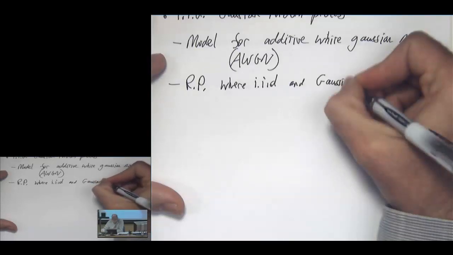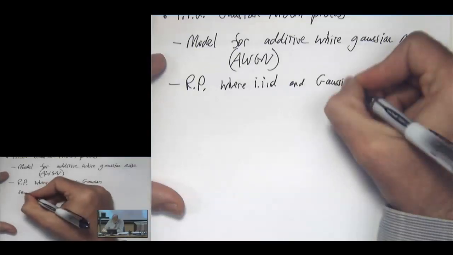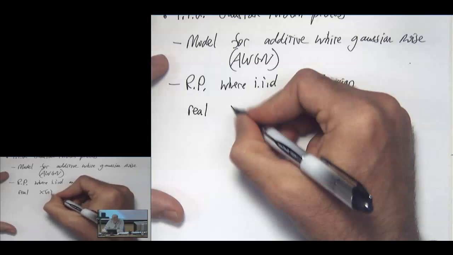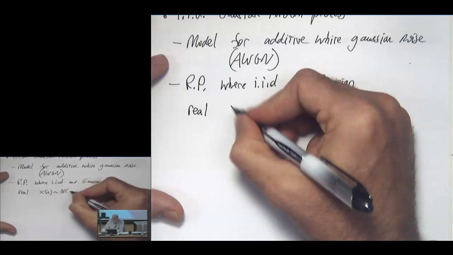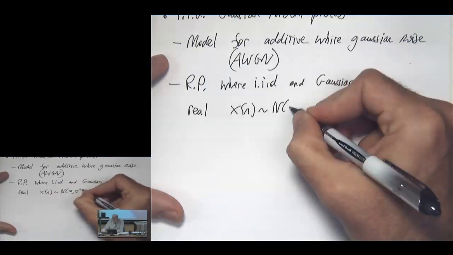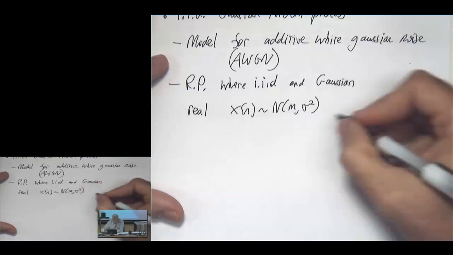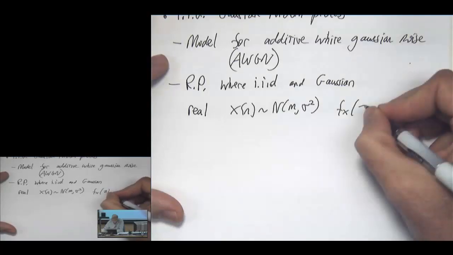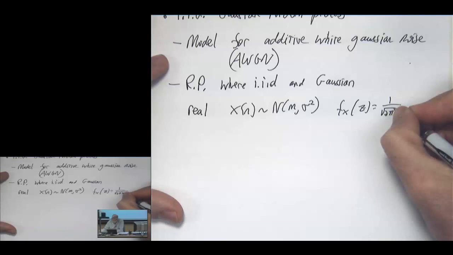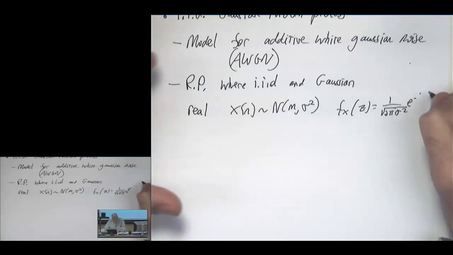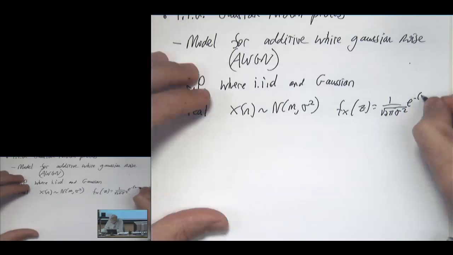And it's Gaussian. If it's real, then I would say that x of n has some distribution, for example, like this, where this is the Gaussian distribution, f_X(z) equals 1 over square root of 2 pi sigma squared, e to the minus (z minus m) squared over 2 sigma squared.